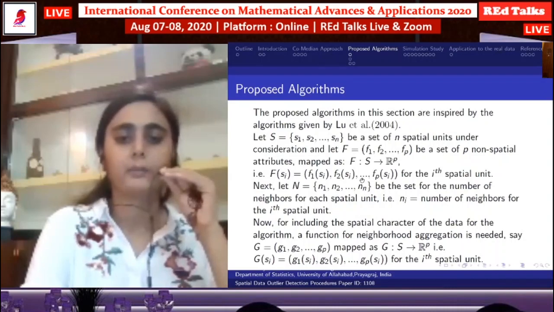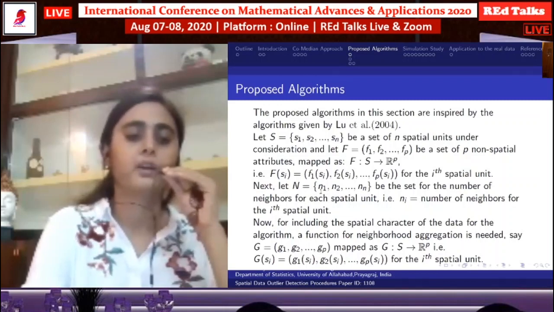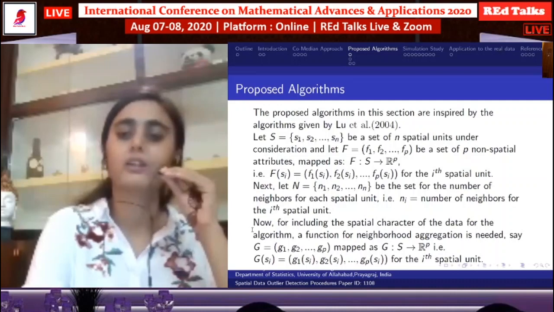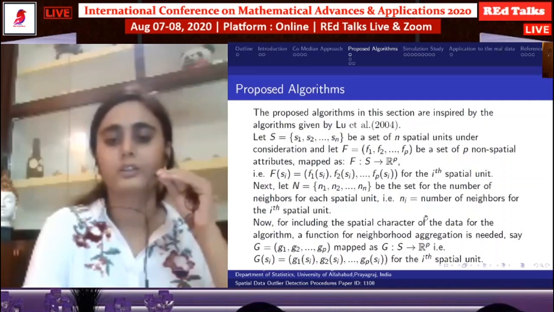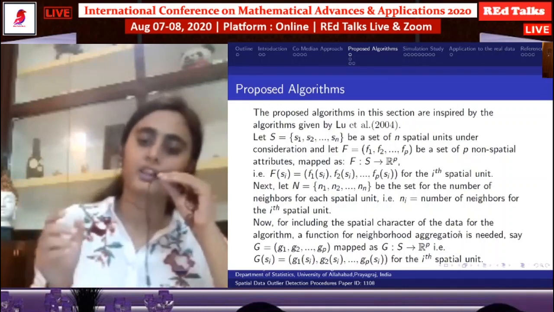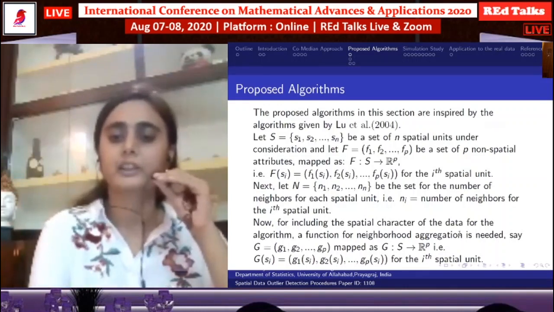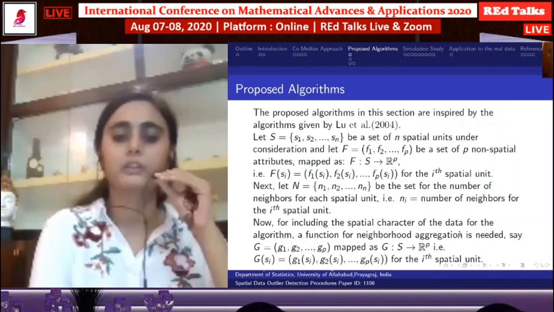Next, let n be the set for the number of neighbors for each spatial unit, that is, n_i is the number of neighbors for the ith spatial unit. Also, for including the spatial character of the data set, what is needed is a neighborhood aggregation function. Let us say it is G; then it could be similarly mapped as F from S to R^p, and the image of the ith spatial unit under G could be seen like this.